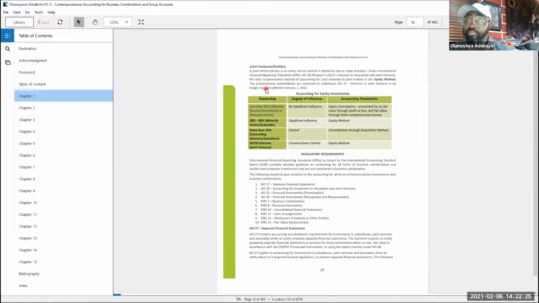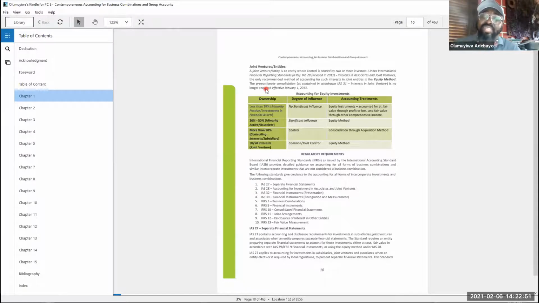Please, mine is a question. So on the surface level, what's the difference between intercorporate investment and business combination? Okay, what we mentioned is that intercorporate investment, as simple as it is, means a company investing in another company. Very straightforward.